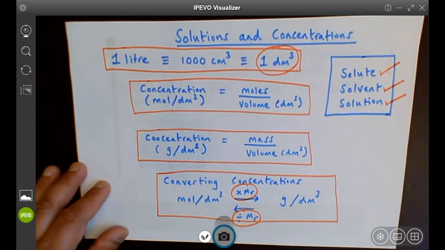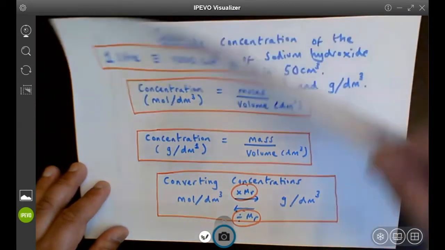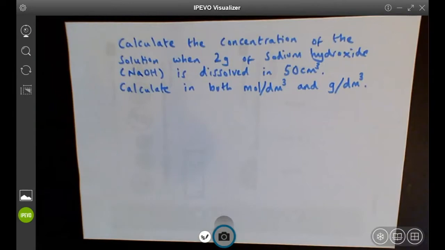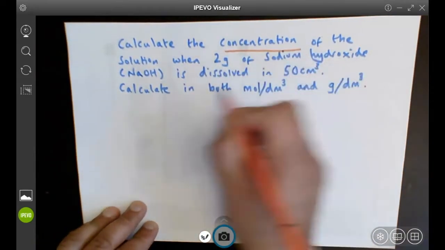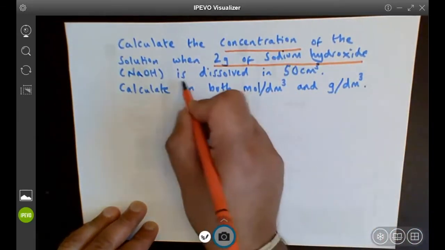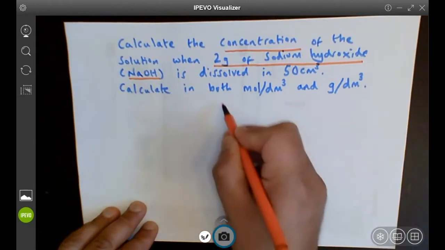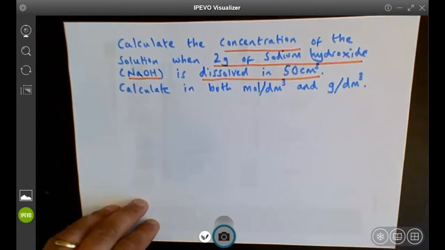Okay, so they're the most important facts before we start looking at calculations. So, the next part of this particular lesson is to look at some of these calculations. As I've always said, make sure you underline the key points in the question. It says, calculate the concentration of a solution when 2 grams of sodium hydroxide, and they've even given you the formula there, so that will help you, is dissolved in 50 centimeters cubed of water.